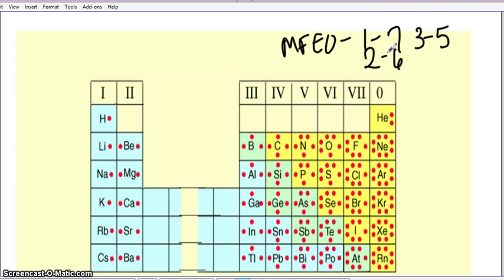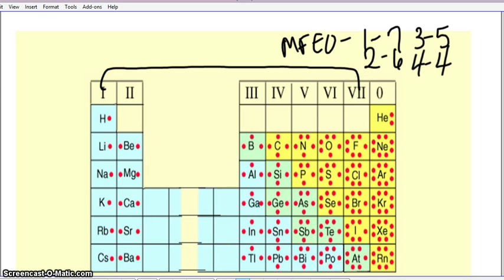Because 8 is the magic number. What about 4? Very good. So those are the groups that are made for each other. 1 goes to 7, 2 goes to 6, 3 goes to 5, and 4 goes to 4.